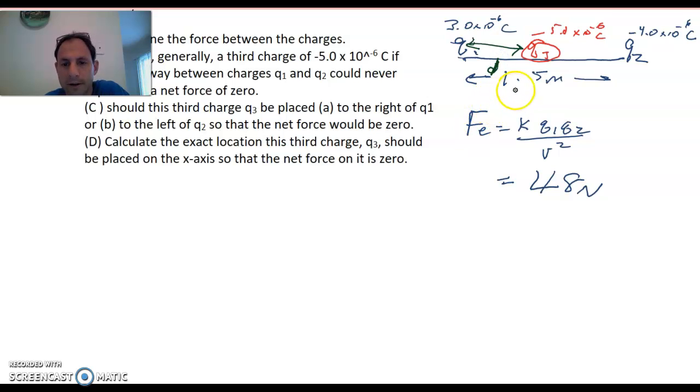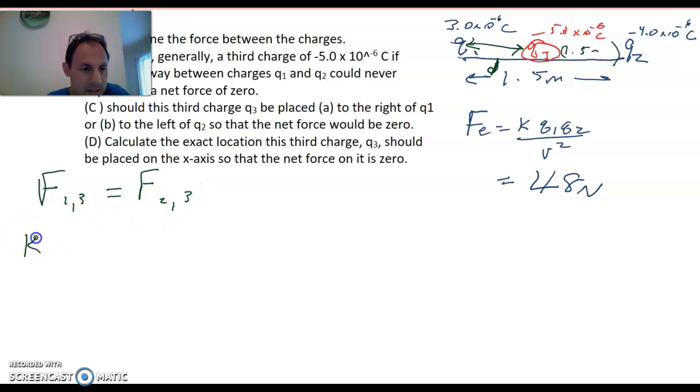So now this distance is D, and then this distance would be 1.5 minus D. So this is 1.5 minus D. Okay, so now for the net force to be 0, we got to have the force of charge 1 on charge 3 must be equal to the force of charge 2 on charge 3.